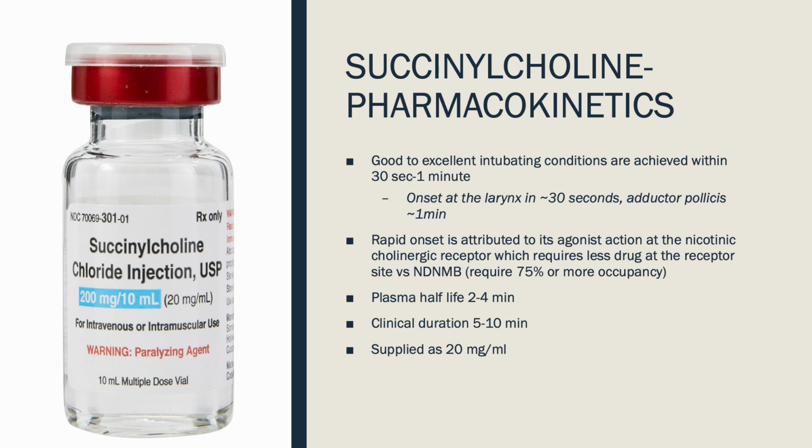Now, with our depolarizing neuromuscular blockers, like succs, you get prolonged depolarization of the end plate. That's going to result in desensitization of those nicotinic acetylcholine receptors, inactivation of our voltage-gated sodium channels, and an increase in potassium permeability in the surrounding membranes.